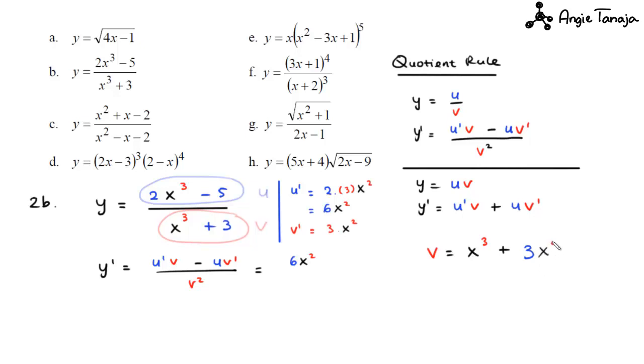So v prime equals the coefficient 1 times 3x squared plus 3 times 0, and then this will be just nothing. If it is 0, then everything will be 0. Okay, got it for this one. So let me remove all of this.